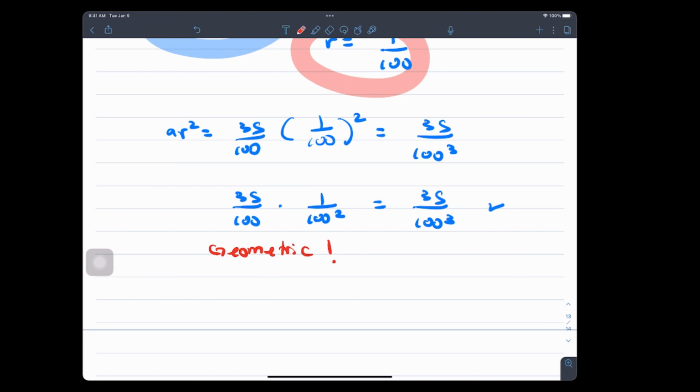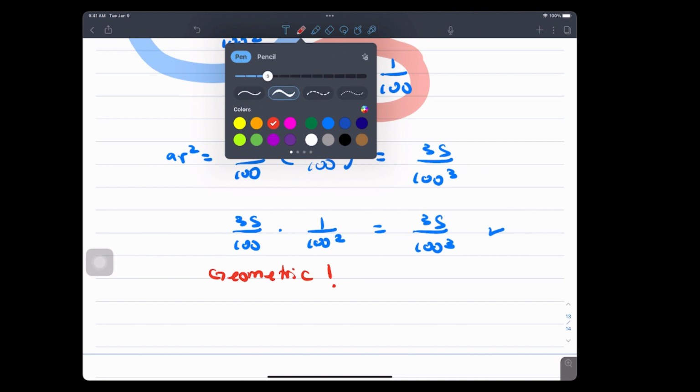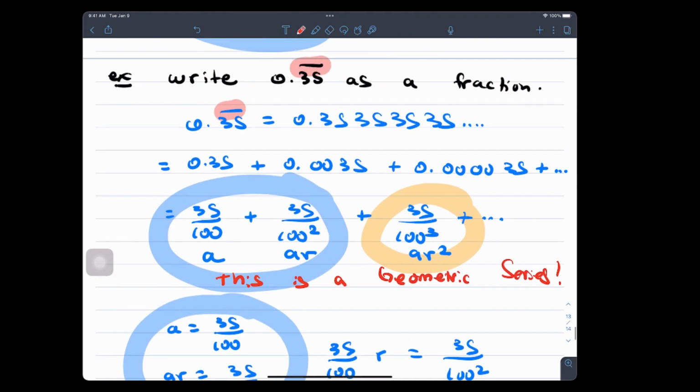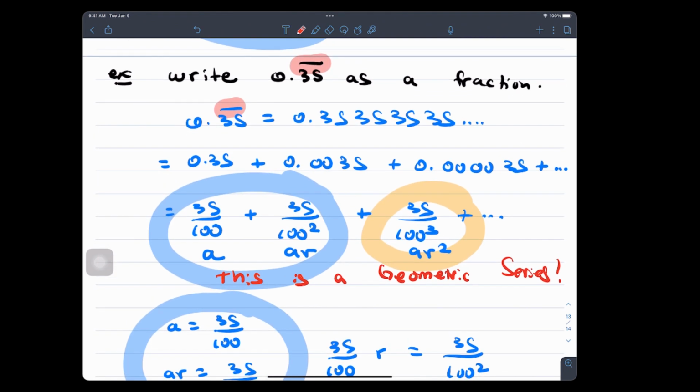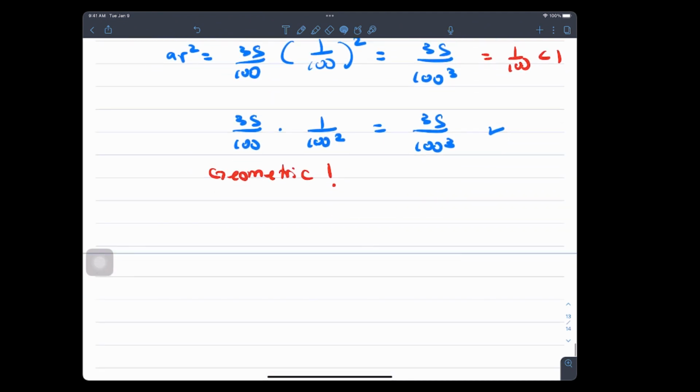So if this is geometric, what's the story? When do you have convergence? If the absolute value of R, which is the absolute value of 1 over 100, which is 1 over 100, isn't that less than 1? So in other words, this has a finite sum here. What is it? A over 1 minus R. Okay?